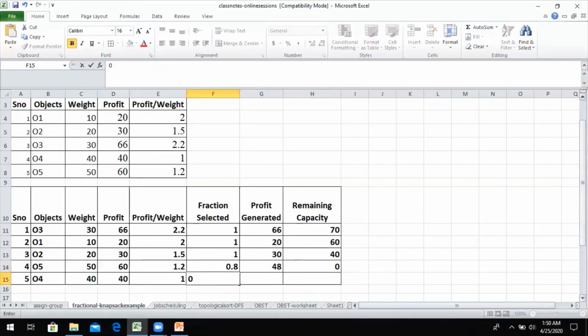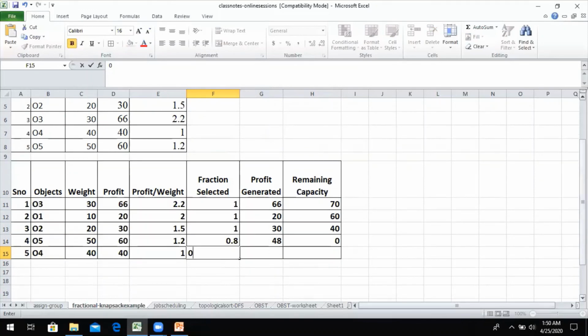So we come to the end of this solution of the fractional knapsack problem.